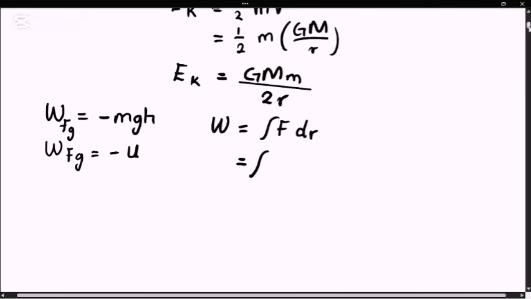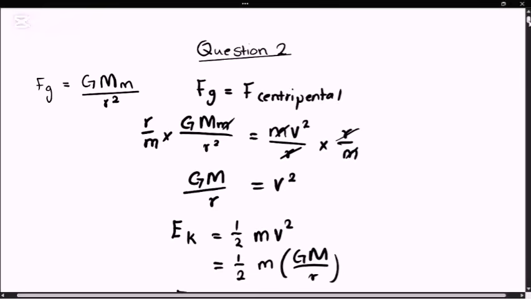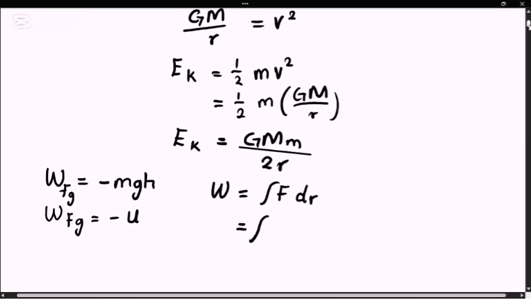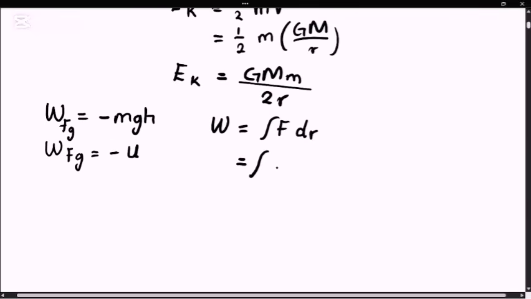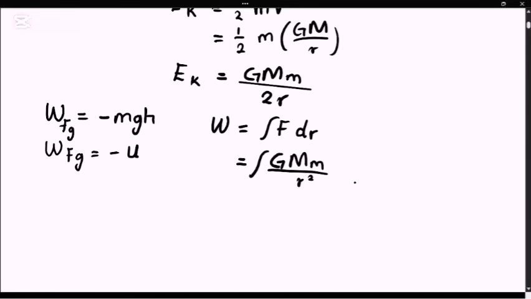According to the universal gravitational law, the force of gravity is equal to G big M multiplied by small m over r squared, which means we can substitute in the value of F with GMm over r squared, which if we rearrange gives us G big M small m multiplied by r raised to the power negative 2.